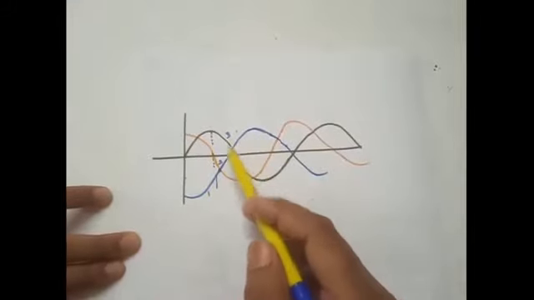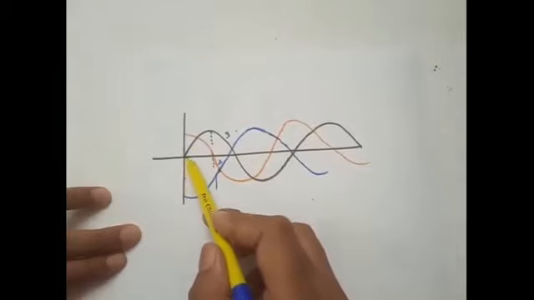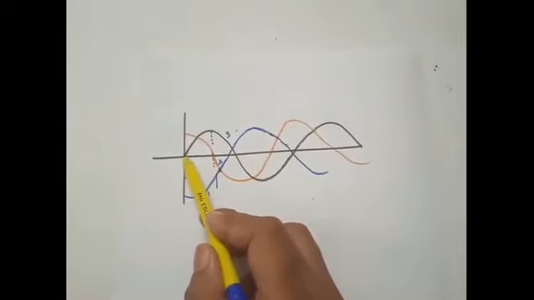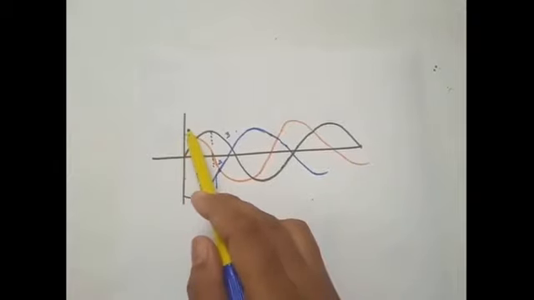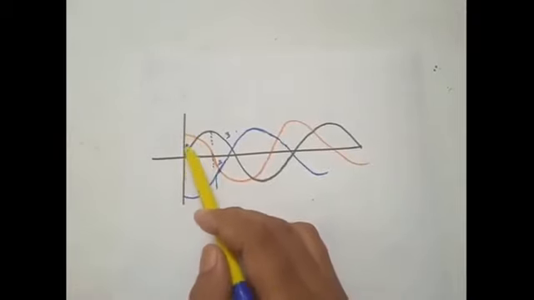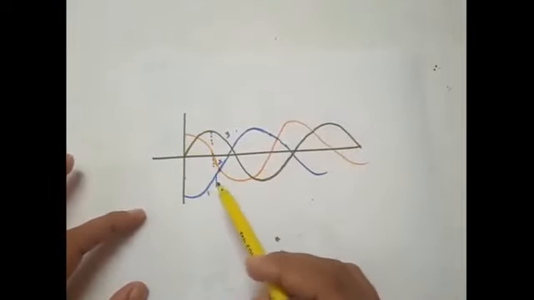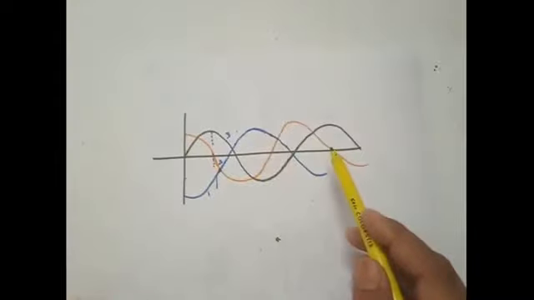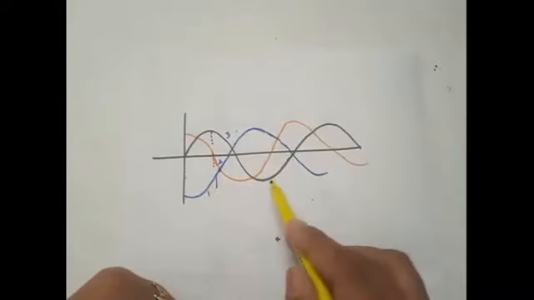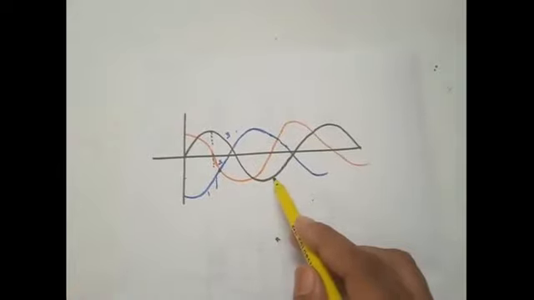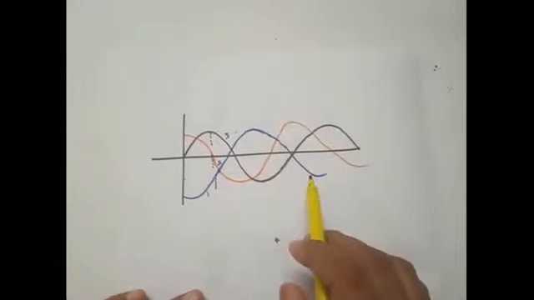When the mutual induction in one is maximum, it is 0 in another, and somewhere in between in the second one. So the 3-phase power supplies move along with each other with a phase difference of 120 degrees between them. This is how a 3-phase transformer works.